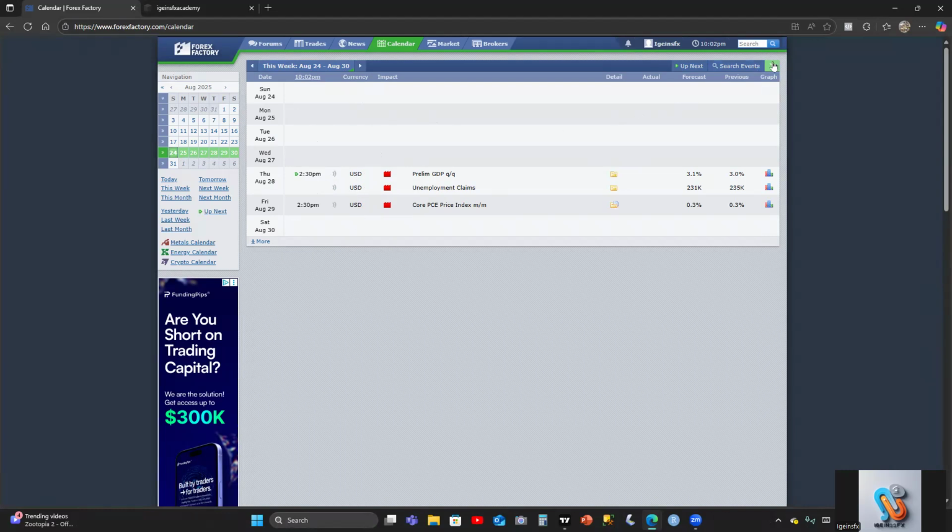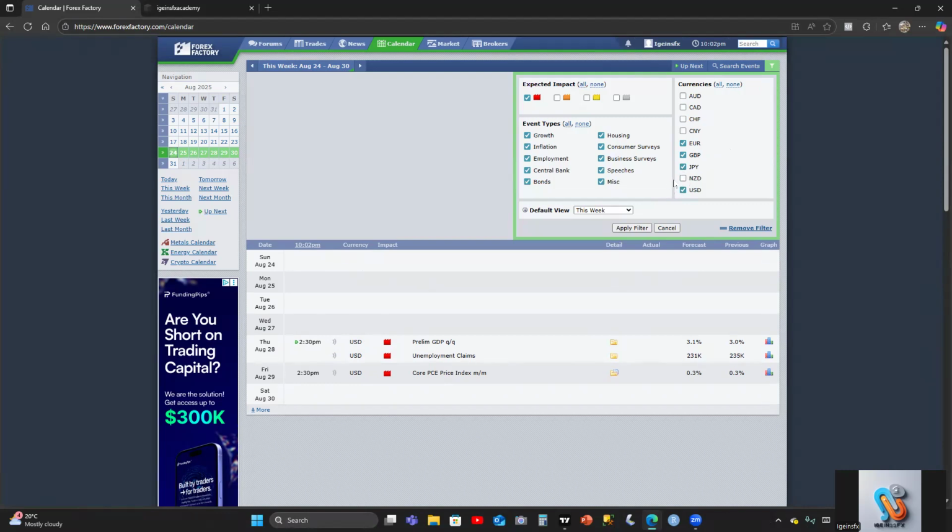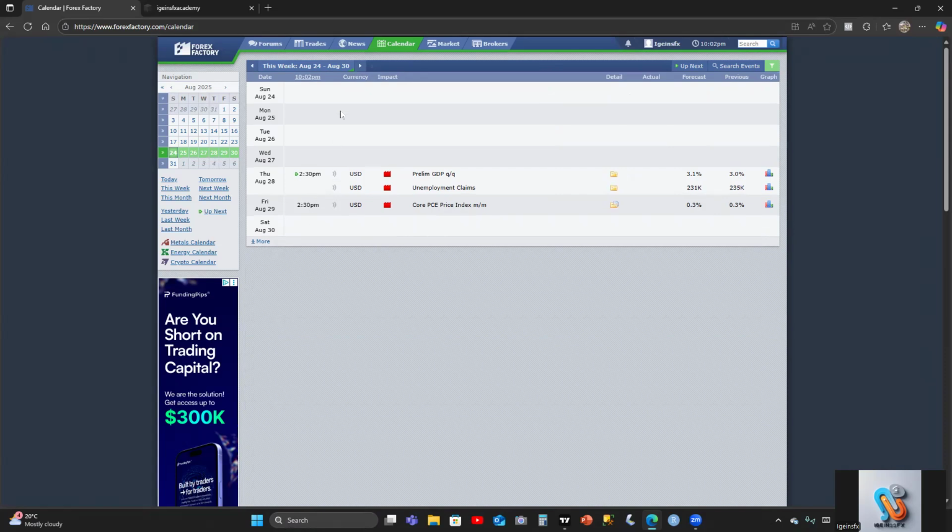So if you are trading other currencies like GBP, NZD, and all that, you can come here and add them to your filter, apply, then it will be populated here. As far as I'm concerned, I only trade two pairs, so I don't need to overflood the page like this for no reason. So what I do is just select the ones that I need.